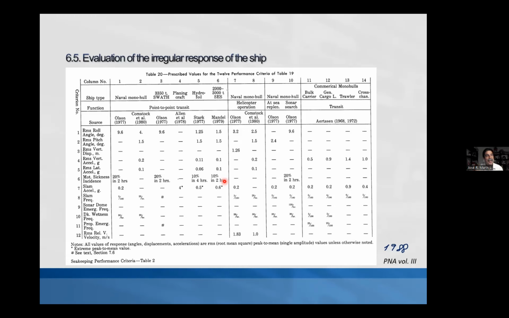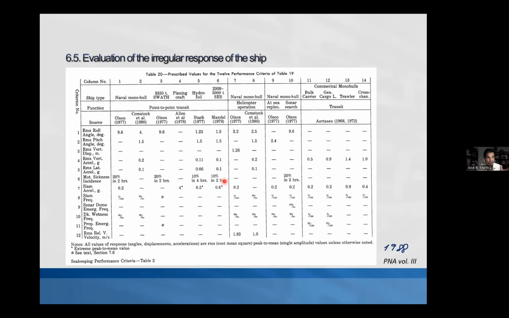What can we say? The design has to have no more than 30% of people seasick in sea state 4 after 2 hours of exposure. So when you deliver the ship, you give me the design and I build it.